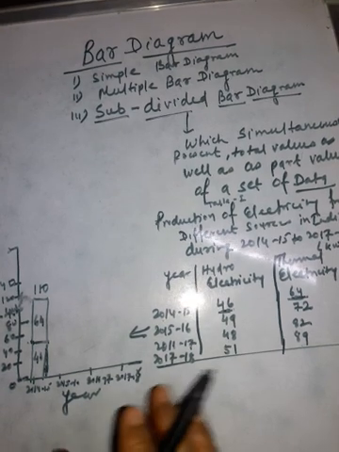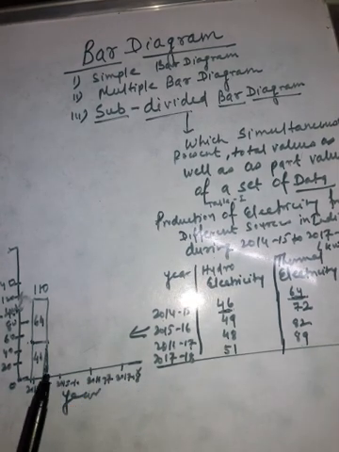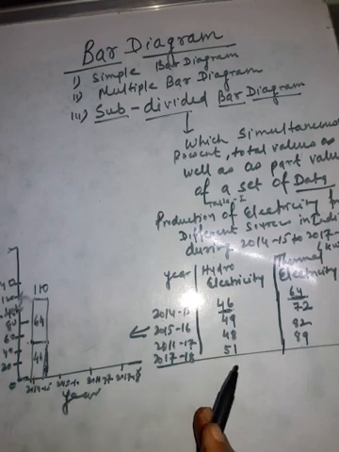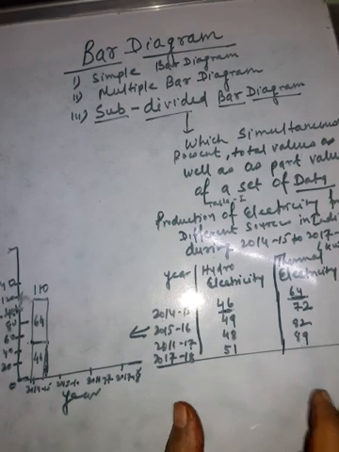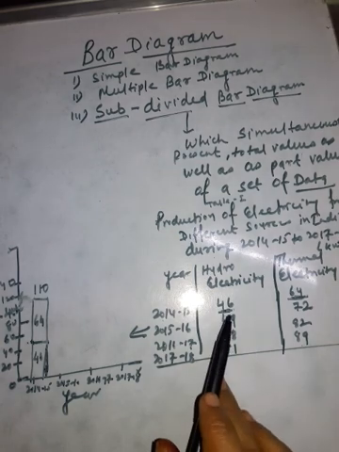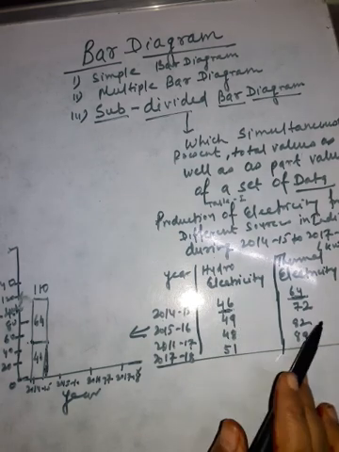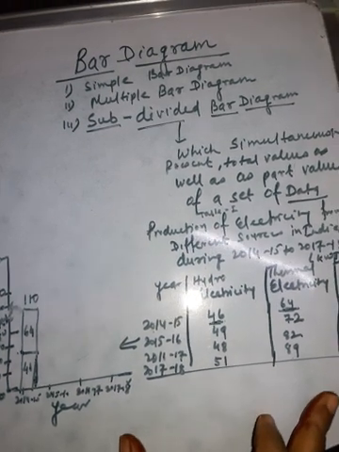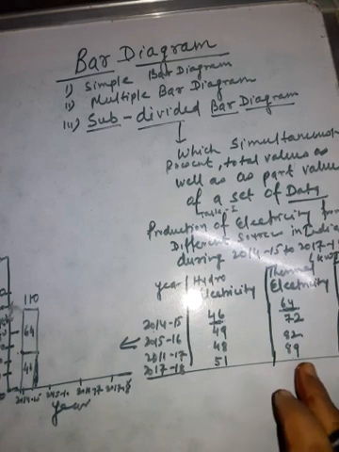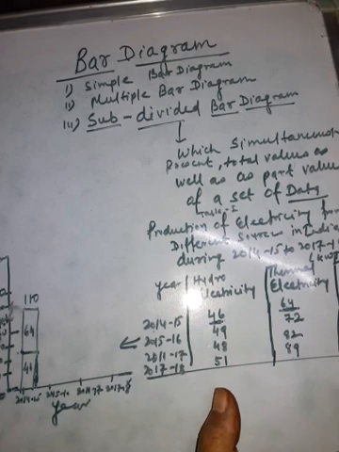You should be careful while making a subdivided bar diagram. First, data is given, and we have two sets of data, and along with them a total is also given.